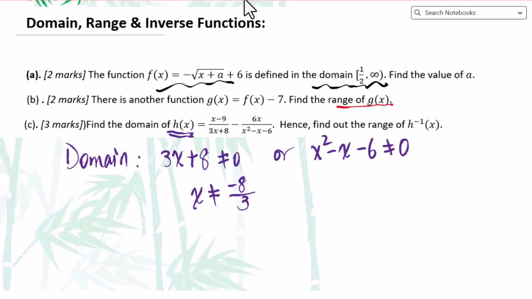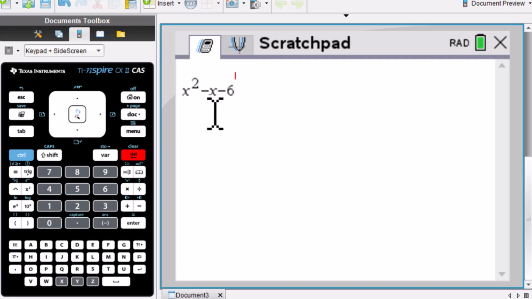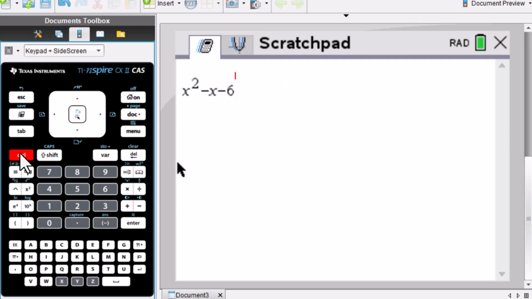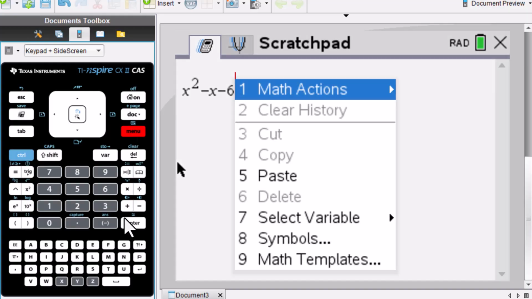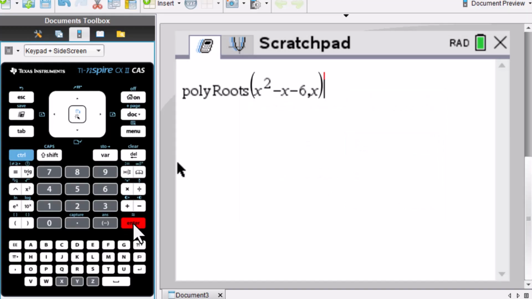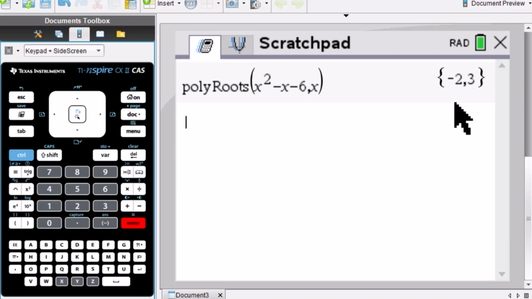We will use polynomial roots to figure out the roots of this quadratic function. Type x squared minus x minus 6 in this scratch pad. Control menu. Enter, enter, enter. We got the roots of this quadratic function, negative 2, 3.